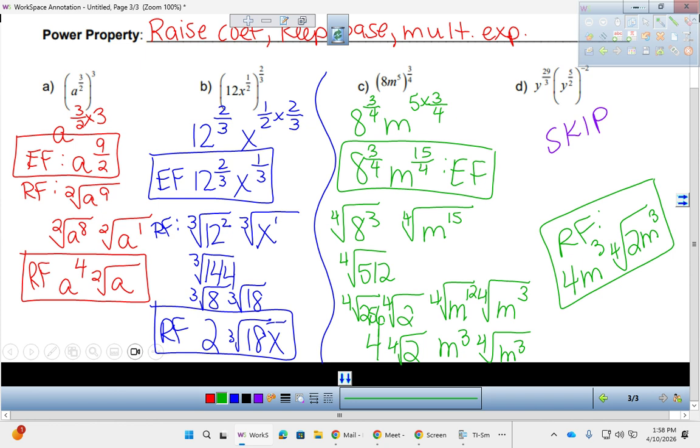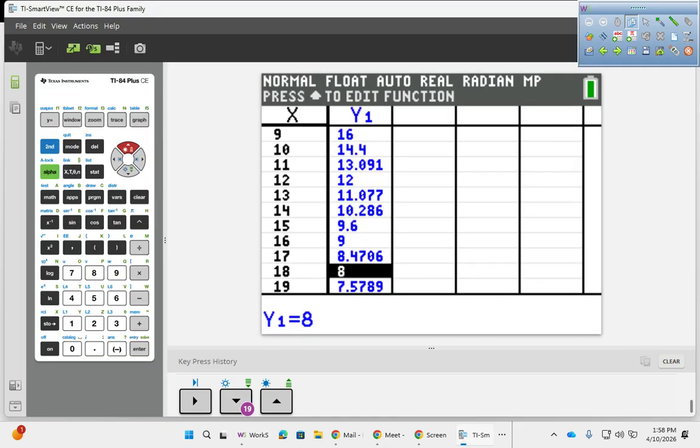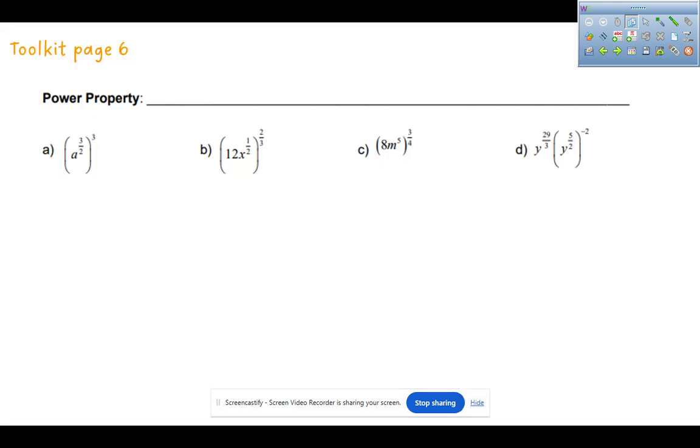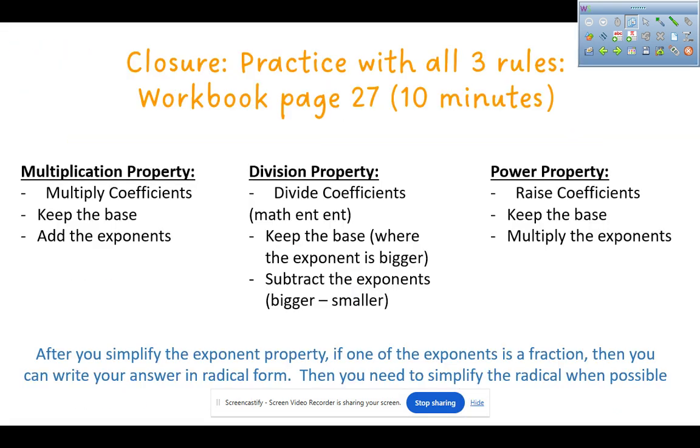All right, the last thing we're going to do today is try one of each property. I'm going to give you 10 minutes to do that, and then the last 10 minutes of class, I'm going to post the answers. So you're going to do the 3 problems on page 27. One is multiplication, one is power, one is division.